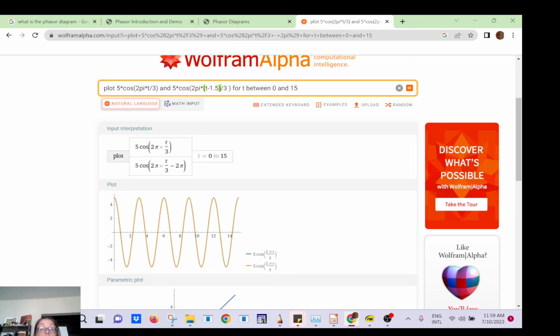So 1.5 is half of a cycle, right? One cycle is 3 seconds. Now I'm going to shift everything by half of a cycle. Think of what you should get. So I take this function, and half a cycle is 1.5. I shift everything by half a cycle, by 1.5 seconds. Let's see what you get.